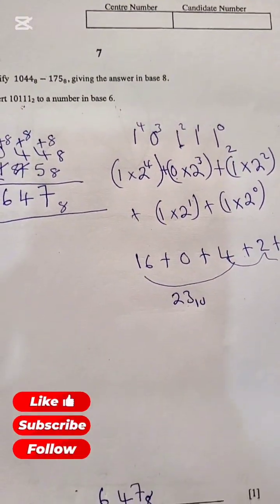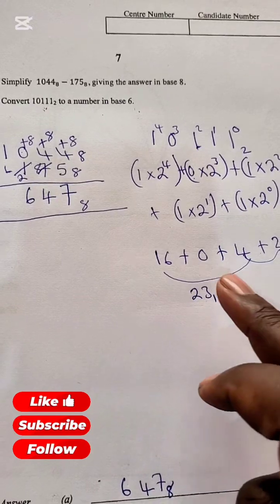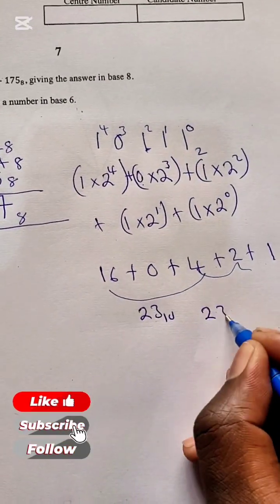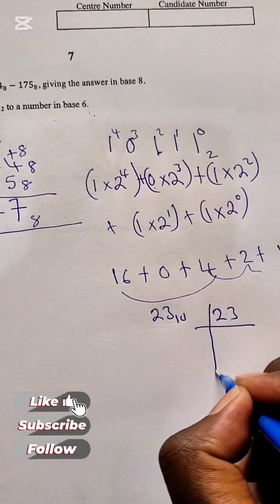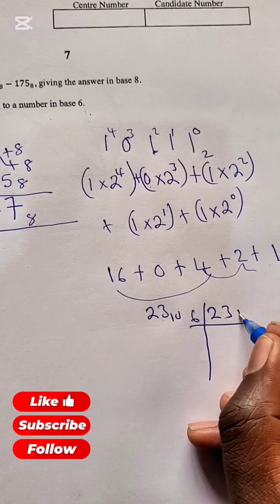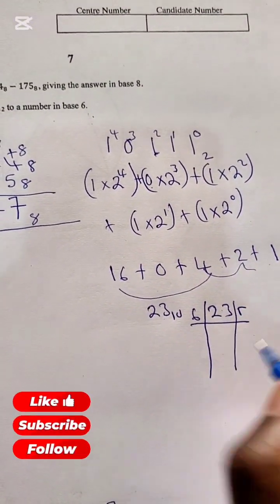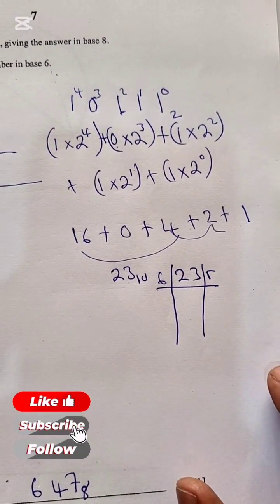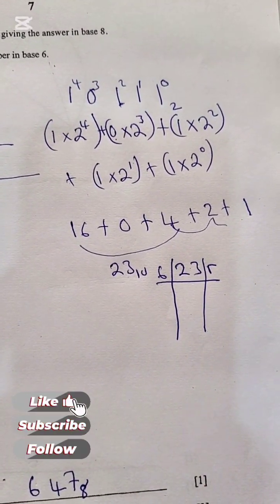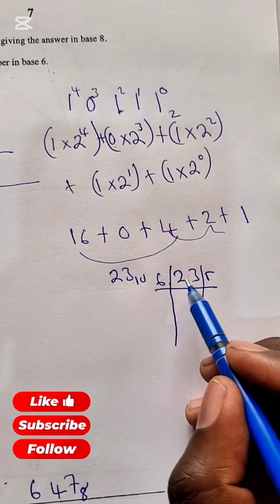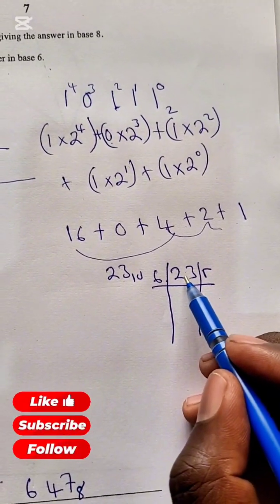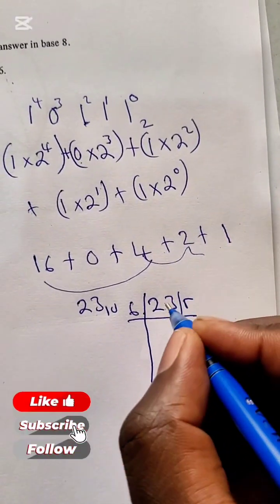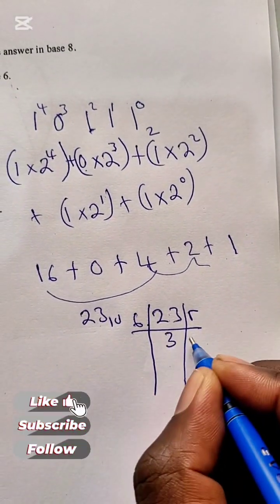Okay. So I want to convert this 23 now to base 6. So we write 23, then divide by 6. So here will be a column of remainders, and always remember our remainders are our answers. Okay. So 6 into 23. Okay. 6 into 20, that's 3.